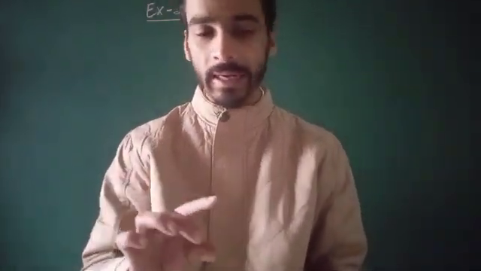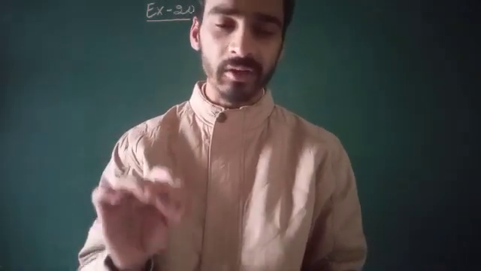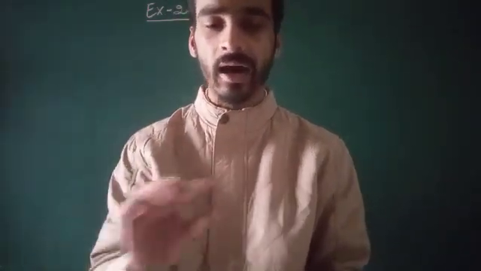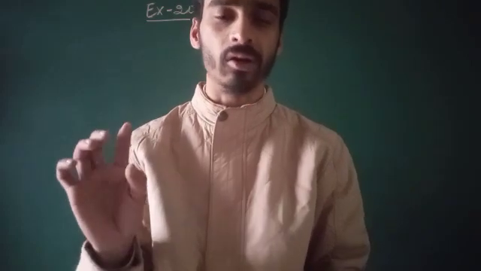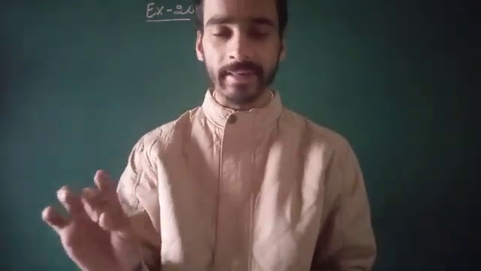So figures A, B and E are symmetrical, and figures C and D are not symmetrical, meaning asymmetrical. Once again, question number 1 is to tick the objects that are symmetrical.